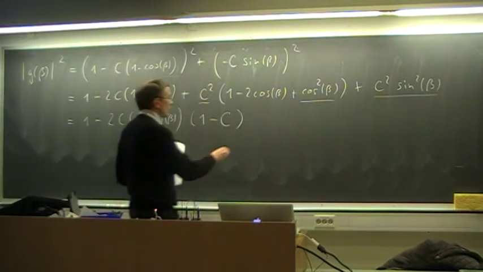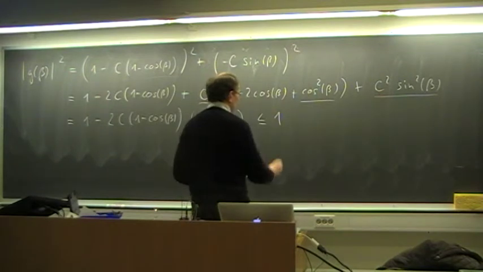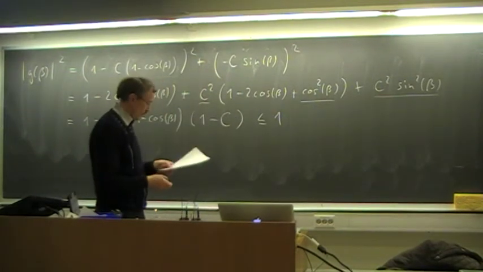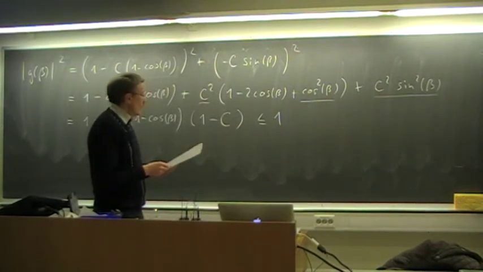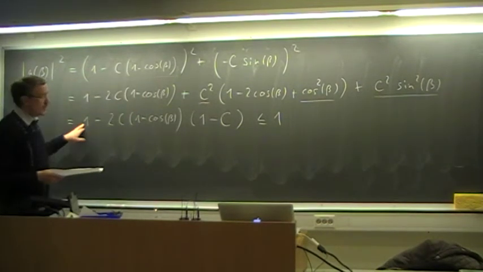So that means we have to require that this is smaller or equal than 1 for stability. Now we see the 1 nicely goes away.